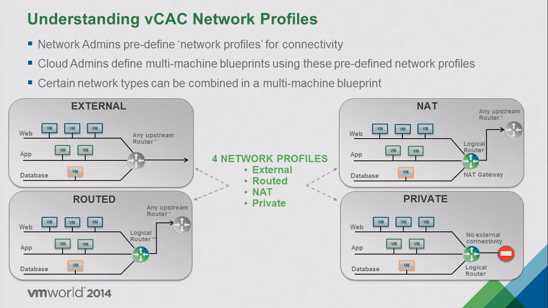So whether you're in routed or in NAT mode, we'll leverage the capabilities of the edge gateway that's optimized to provide those functions for you. That's part of the application blueprint, all of the required network connectivity. So in this case, you're not leveraging a shared resource, you get a dedicated resource for your application.